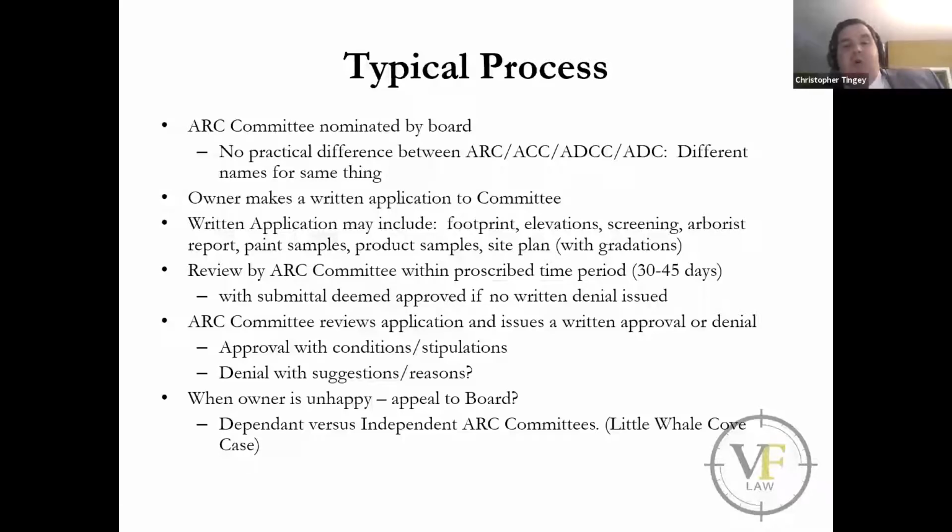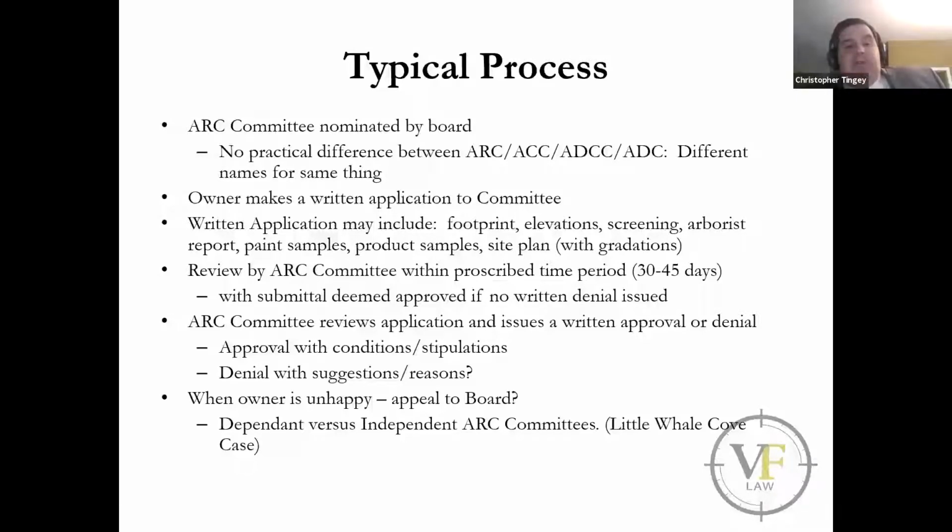It may look horrible, and yet it's under $500, and so the ARC doesn't have the authority to deal with it. And I'm not a fan of that. I think the ARC is controlling aesthetics. Curb appeal is a real thing, and no, we're not all going to agree on what looks good or not, but I think everything should run through the ARC. So that's a very interesting provision, Jackie, and thank you for the comment.